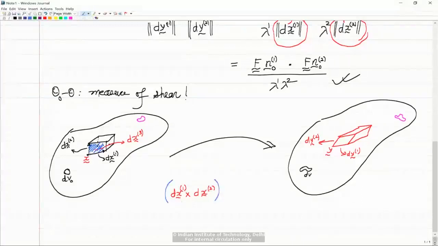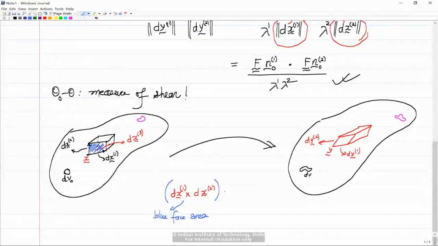So it gives you the area vector of that blue face. And then, once you have the base area, you multiply with the height of the parallelepiped.